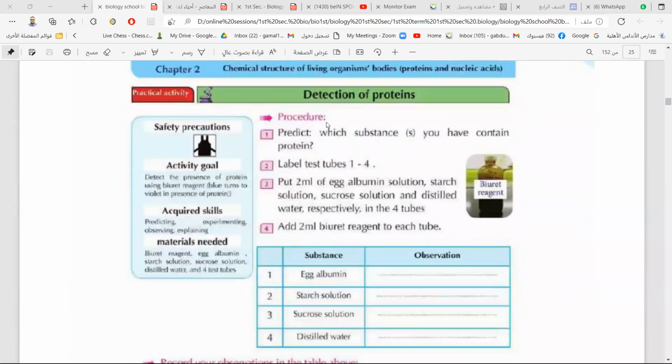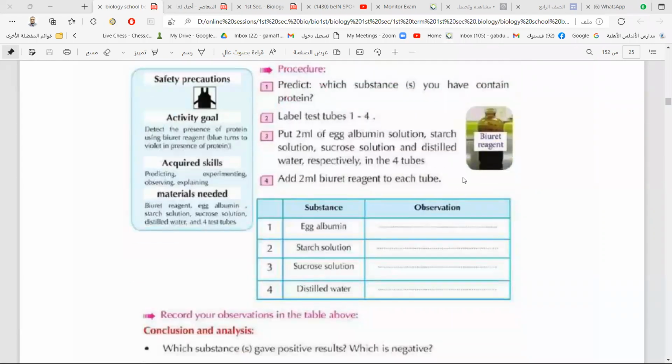We have here an examination on how to detect proteins. We have a reagent called Biuret reagent. We can bring some samples of different food materials such as egg albumin, starch solution, sucrose solution, and distilled water.